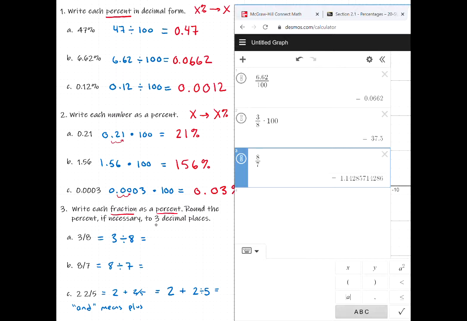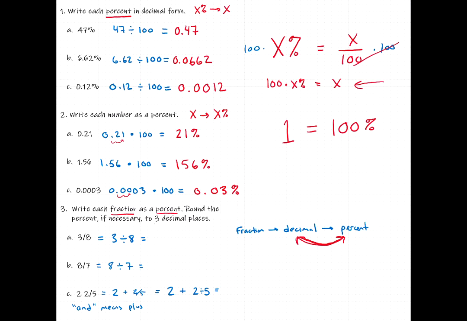Right here, where it says round to 3 decimal places. Round the percent to 3 decimal places. Rounding has to always be the last thing you do. It's the very last step in any problem.